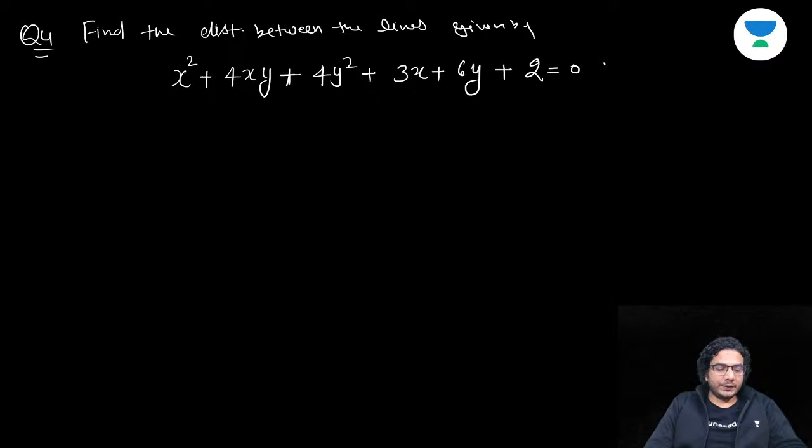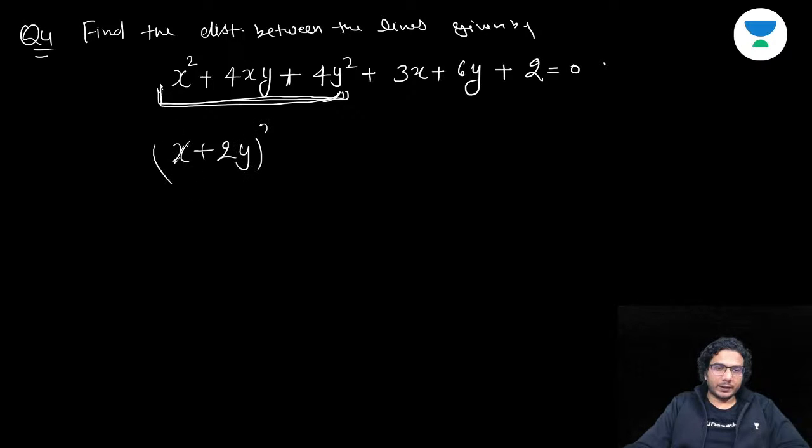And it's very easy to separate parallel lines actually. This part will always become a perfect square, okay? Because h square is equal to ab, this is a perfect square. Discriminant of this quadratic is 0 basically. So x plus 2y the whole square, right?